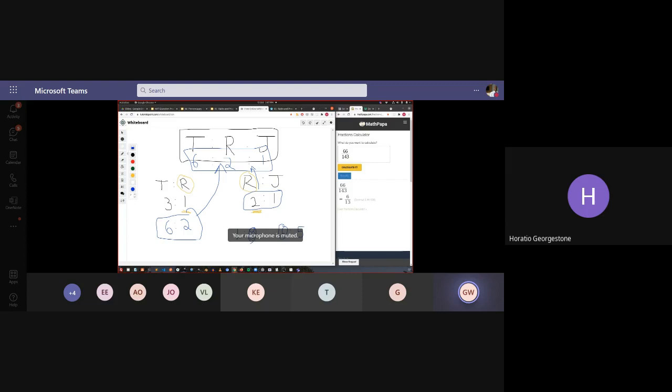So you could just multiply them together. 8 times 6 is 48, so you could go 48. But the lowest common multiple is actually 24. So if you times both parts of this by 3, and times both parts of this by 4, I'm doing this on the fly here, so tell me if I make a mistake, then you'd be able to combine them, 3 to 24 to 20. Maybe I haven't made the question pack yet, so maybe I'll put some questions like that in the question pack.